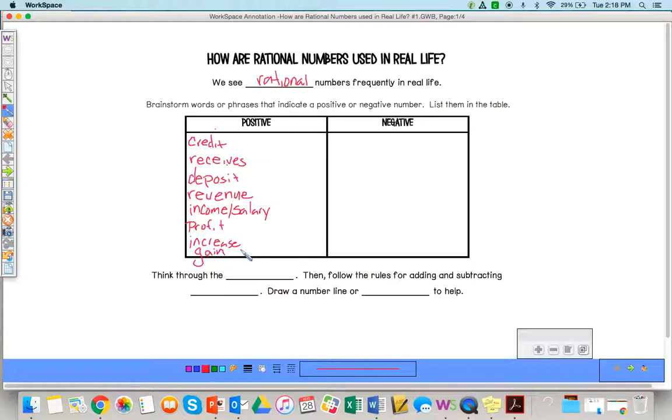Okay, all of these words mean that you're dealing with a positive number.